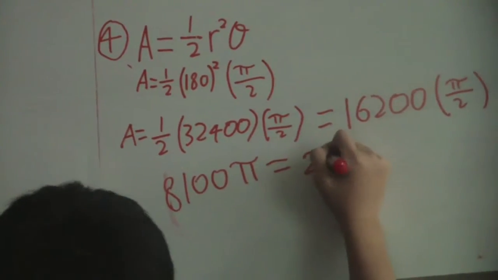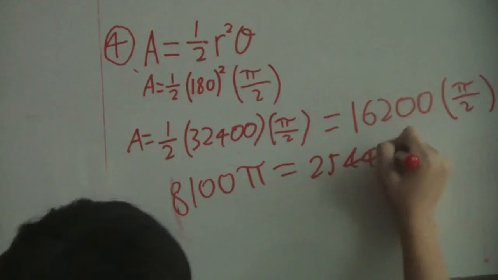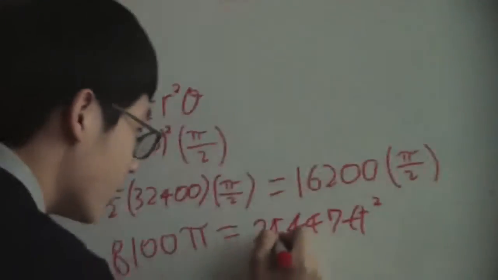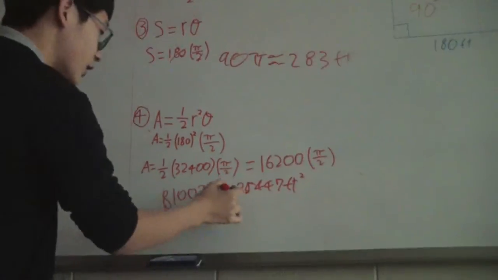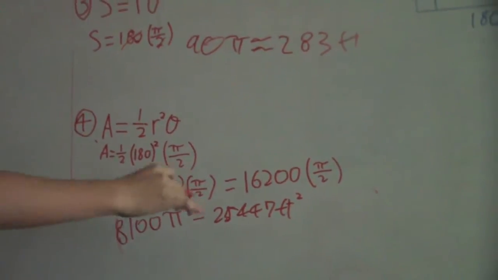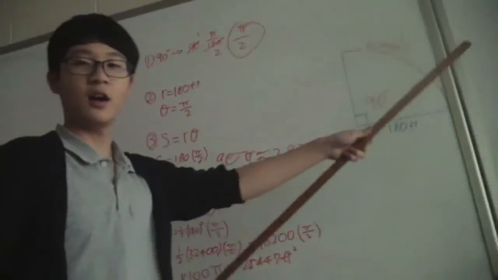Again, we round this, and we get 25,447. It's an area, so you get it squared. 25,447 feet squared. That's our area.